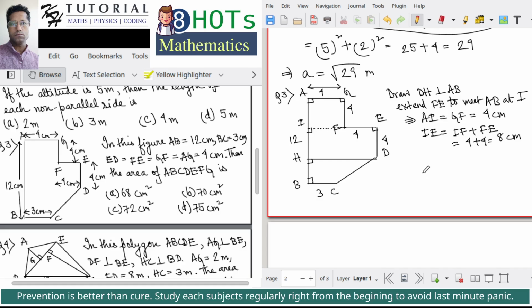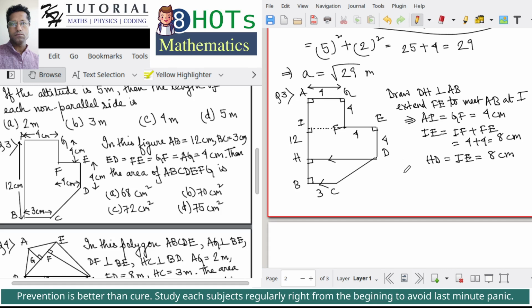Also, this will imply that HD is equal to IE, since DH will be a rectangle. IE equals 8 centimeter, and the bottommost figure is a trapezium where HD is parallel to BC and the height is HB.